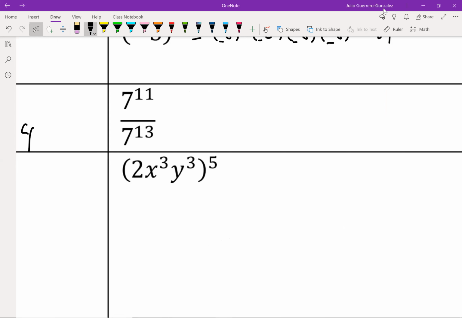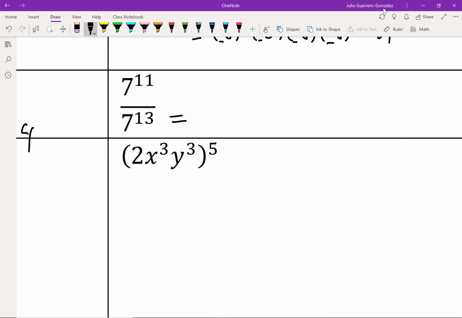It's going to be what over what in this case? It's going to be 7 to the 11 minus 13. So 11 minus 13 is negative 2. 7 to the negative 2.